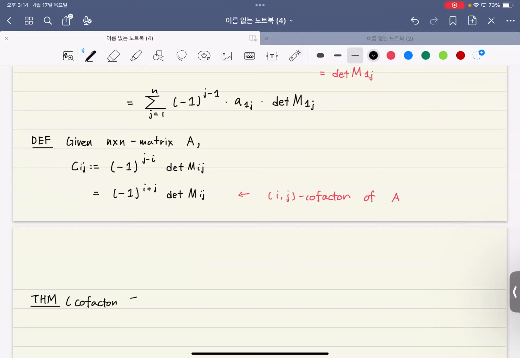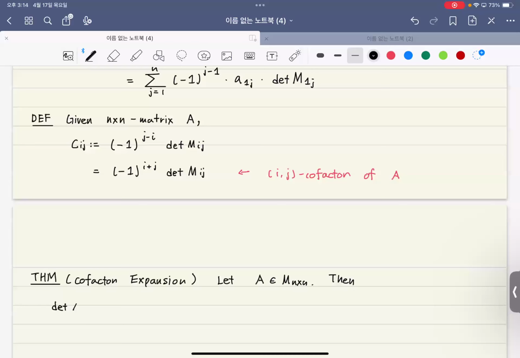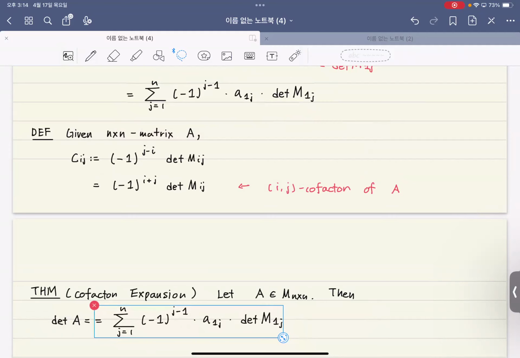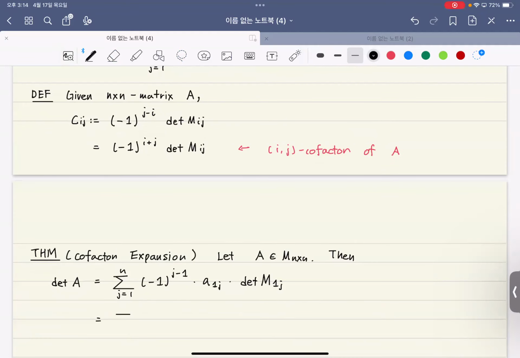Cofactor expansion: if A is an n by n matrix, then the determinant of A is the sum of aij times the ij cofactor Cij. This is the cofactor expansion.